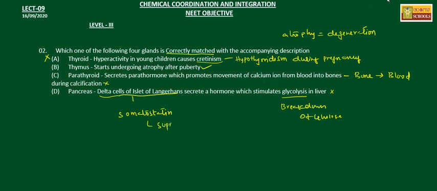So this suppresses production of insulin and glucagon. So hence this is also a wrong match. So the right match is thymus starts undergoing atrophy after puberty. So that is option B is the right answer.